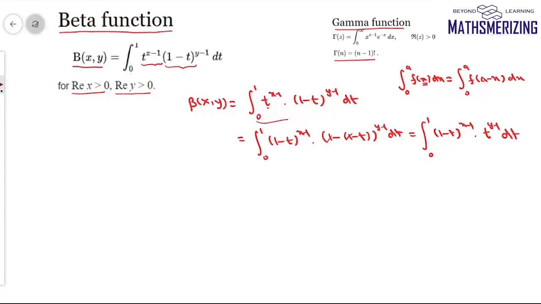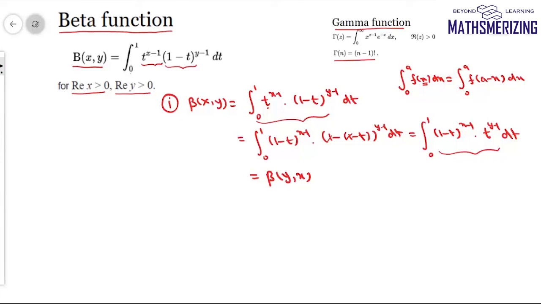Now these two integrals look the same except that x and y are interchanged. So this second integral is actually nothing but beta yx, and that's our first result, which is beta xy is the same as beta yx.